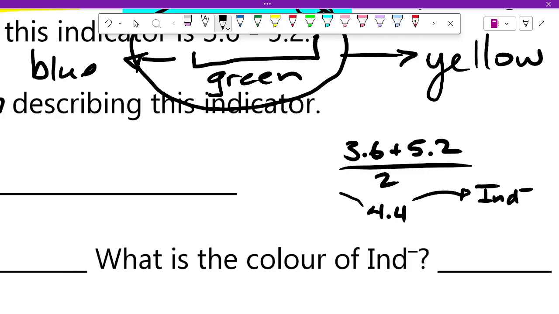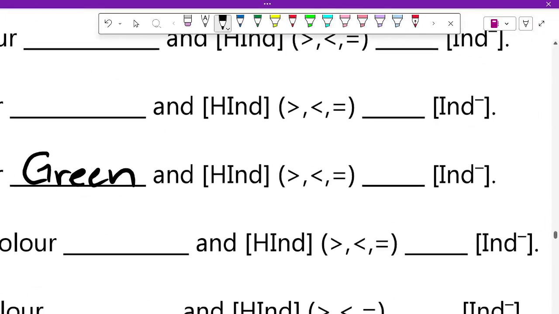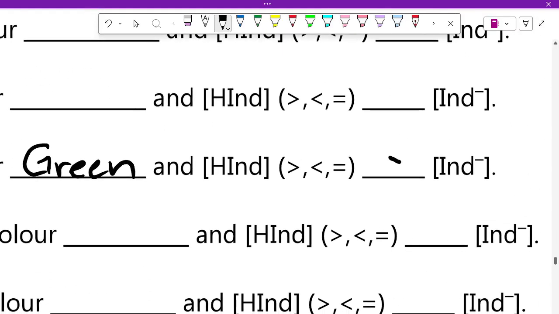If we are below, we are primarily HInd. And so 4.3 is below. So even though it wouldn't be by a lot, HInd would be greater than Ind minus because we're below 4.4. Does that make sense? Yeah. HInd would be greater than Ind minus, but not by a lot.